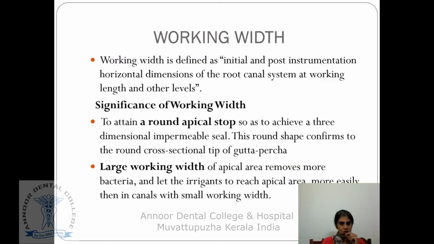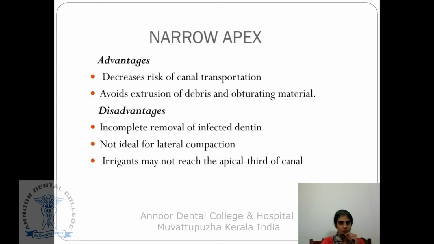When you have a large working width of the apical area, the advantage is you will be able to clean the periapical area more easily, but the problem is you will not get a proper stop. So both have their own advantages and disadvantages.